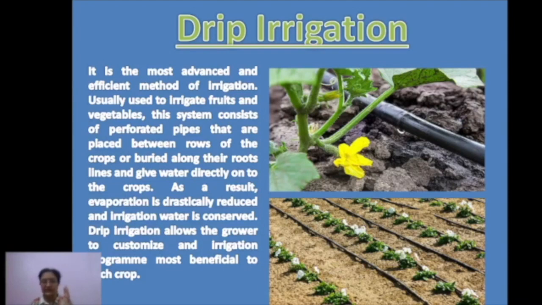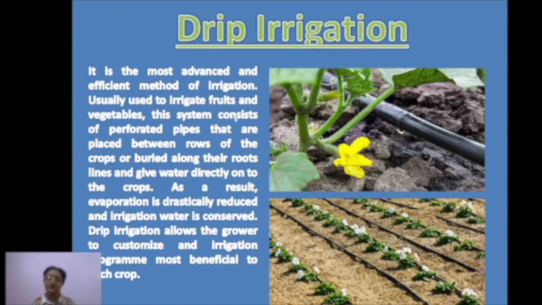No water is getting wasted by unnecessary seeping down in the entire field. Water is dripped in such a way that it goes directly over that plant and directly to the root. So it is the most advanced and efficient method of irrigation.